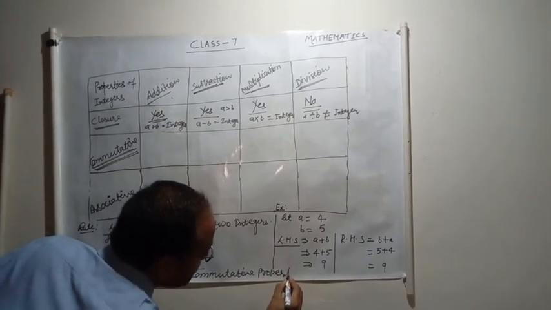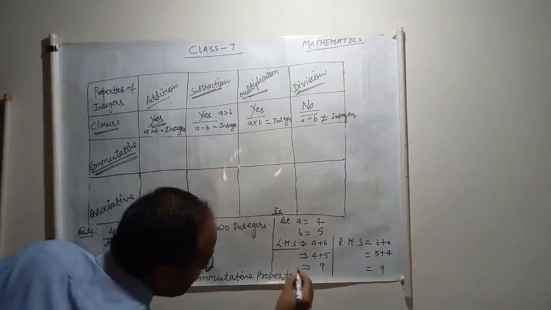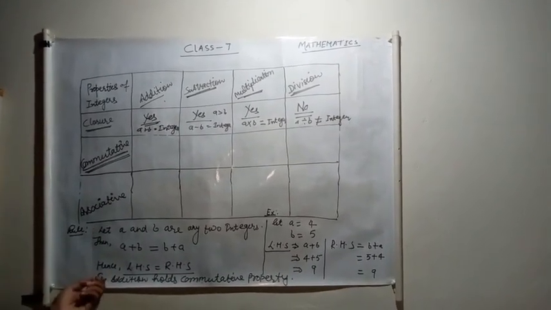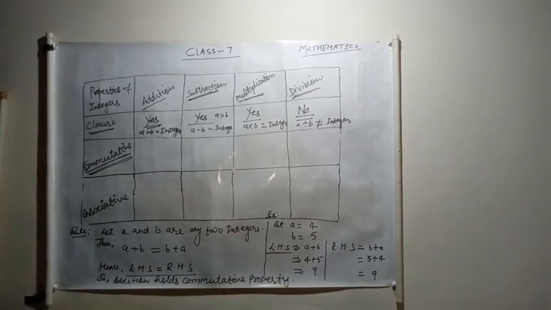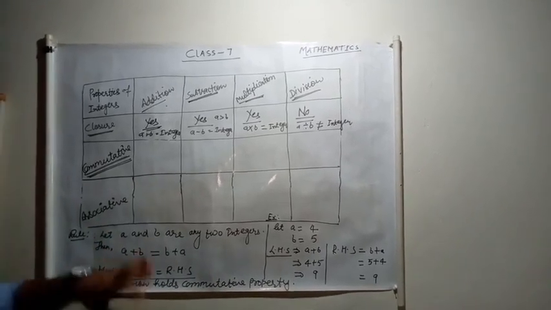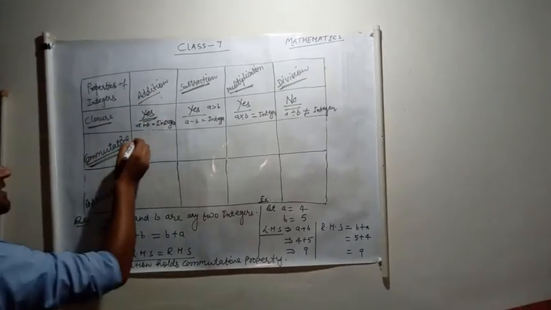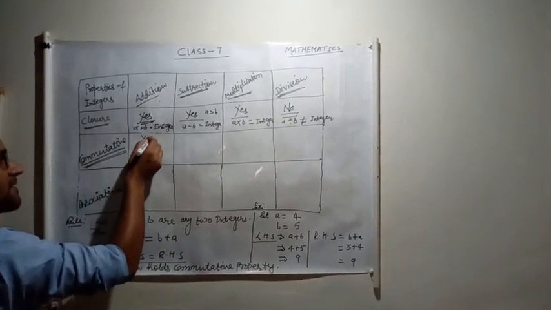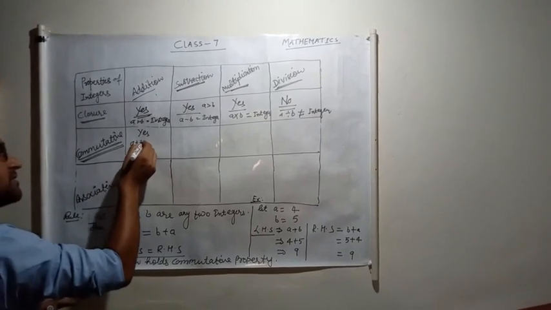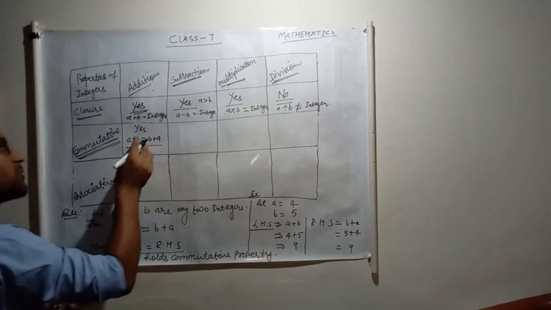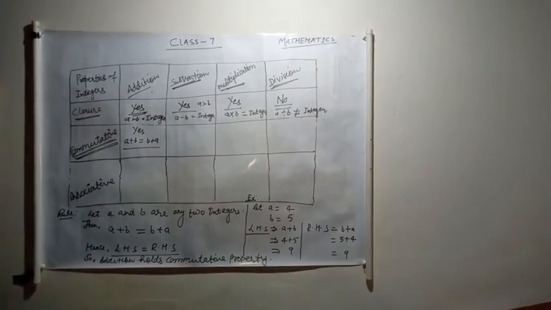You can do some examples at home also, students. So addition holds the commutative property for any integer. That property is correct. So yes, A plus B is equal to, changing the order, B plus A. This property holds for commutative.